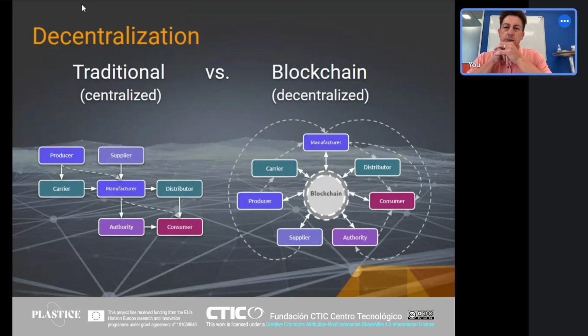What does it mean for businesses? Well, you can see in this type of graph the traditional model of business. Imagine, many industries use this model. You have a producer, a manufacturer, a consumer, and in the middle you have suppliers, carriers, authorities, distributors, logistics. But as you can see, more or less everything goes through the manufacturer.